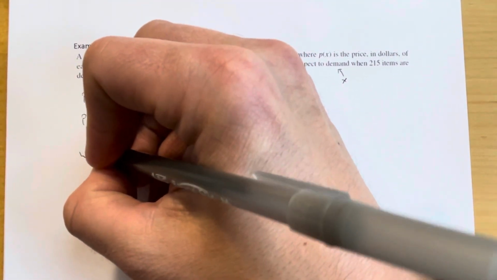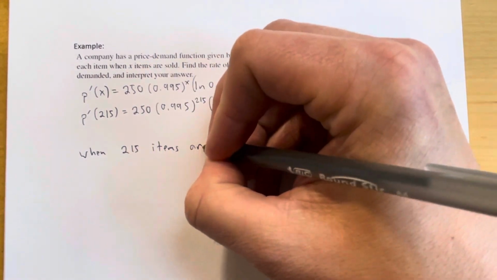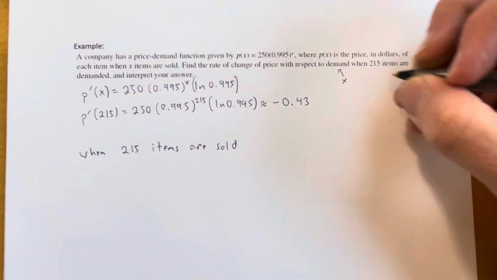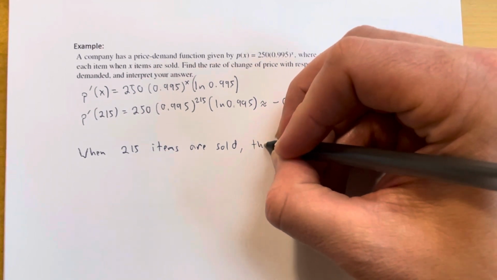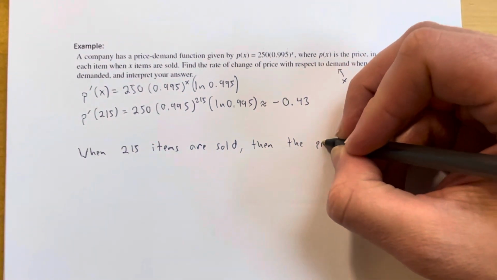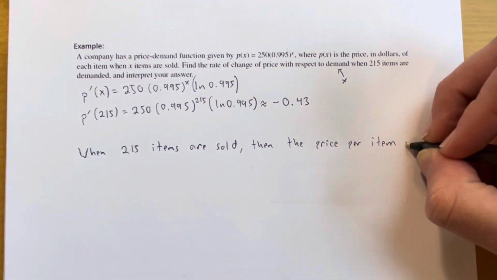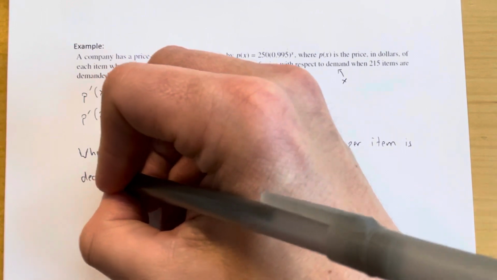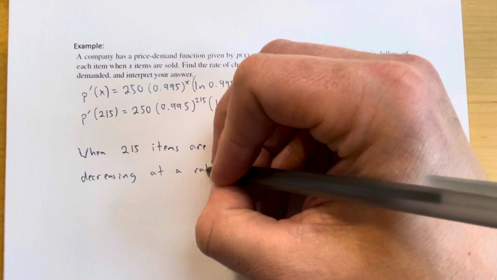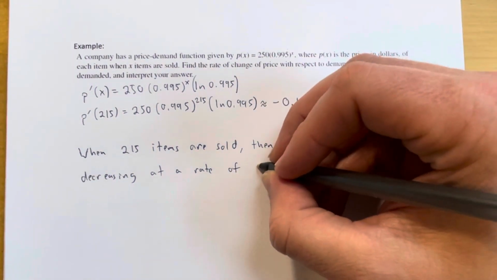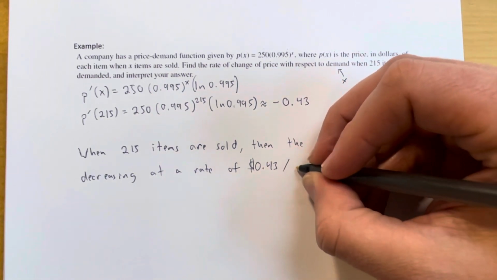We can say this: when 215 items are sold, or it uses the term demanded in the phrasing of the problem, then the price per item is decreasing at a rate of 43 cents per item.